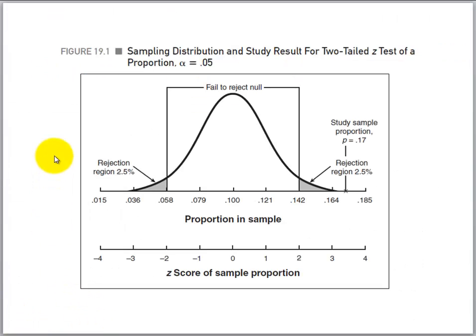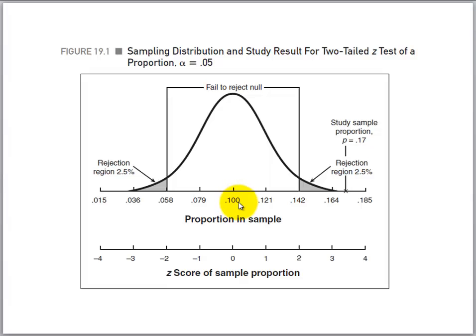Here's a visual look at our results. Note that 0.10 is the mean of the sampling distribution. That's the value stated in the null. The standard deviation, which is the same thing as the standard error of the proportion, is 0.021. So 0.121 minus 0.100 is 0.021.